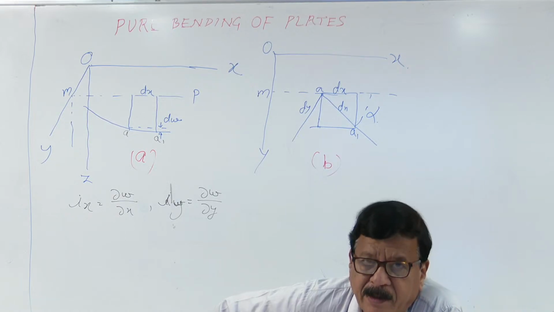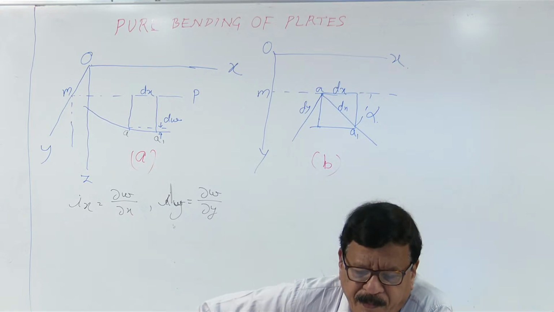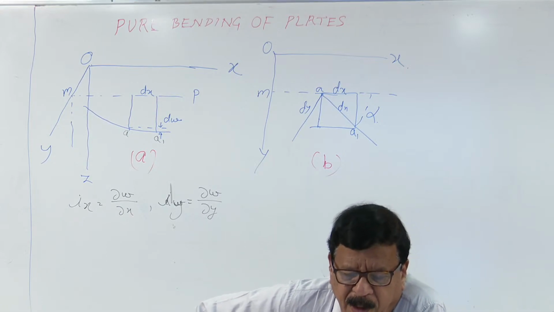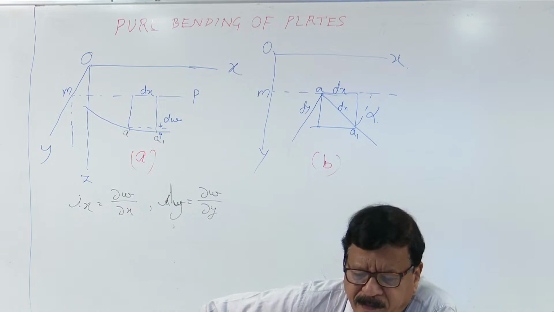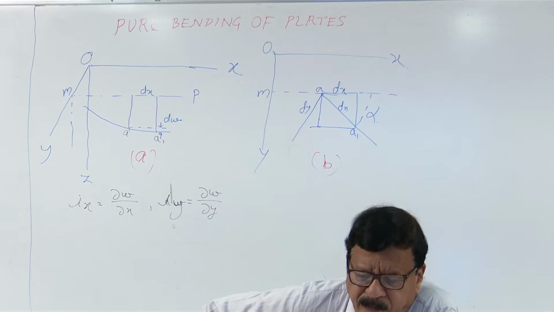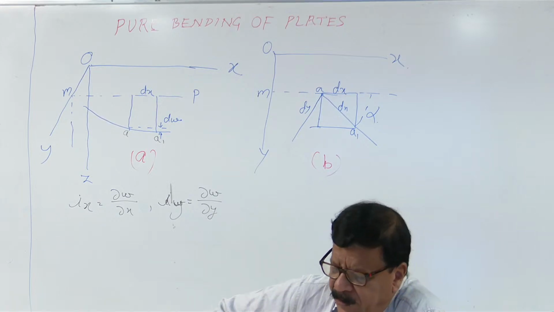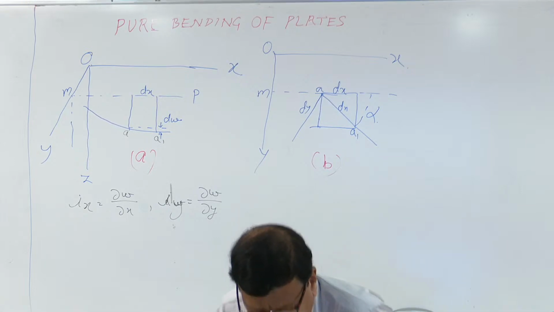We find that the difference in the deflections of the two adjacent points A and A1 in the AN direction.